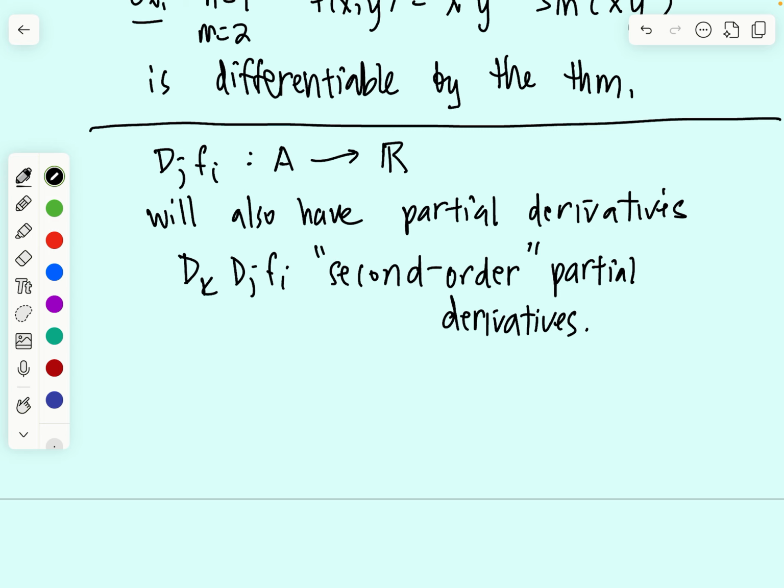And if you have a function from, say, R^3 to R, then that's going to have three partial derivatives. And then each of those three partial derivatives will have three partial derivatives. So there will be 9 second order partial derivatives, right? And then each of those 9 second order partial derivatives will have three partial derivatives. So then you're going to get 27 third order partial derivatives, and so on.